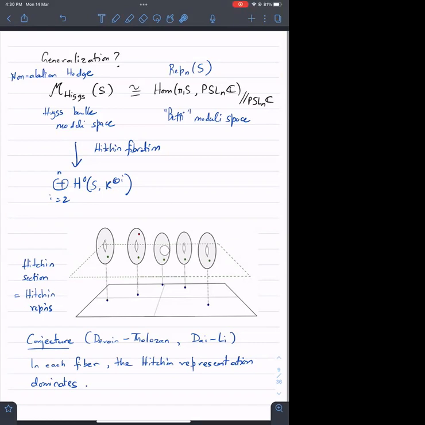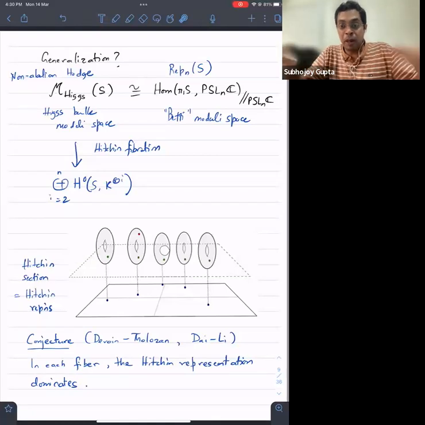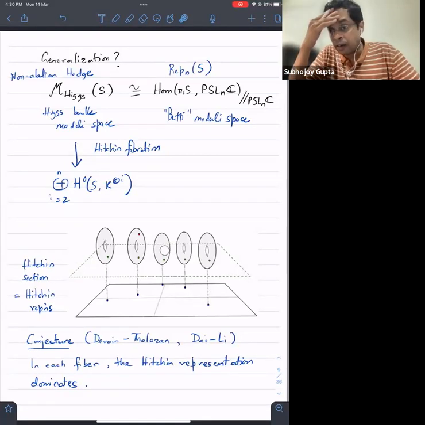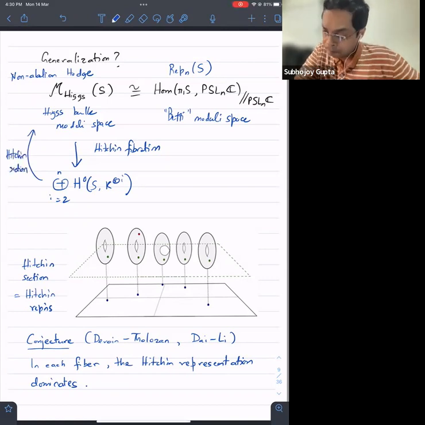The representations are into PSL n R? Yeah, that's right. So they form some special subset of the set of representations into PSL n C, and you can think of them as the image of the Hitchin section to this Hitchin fibration.